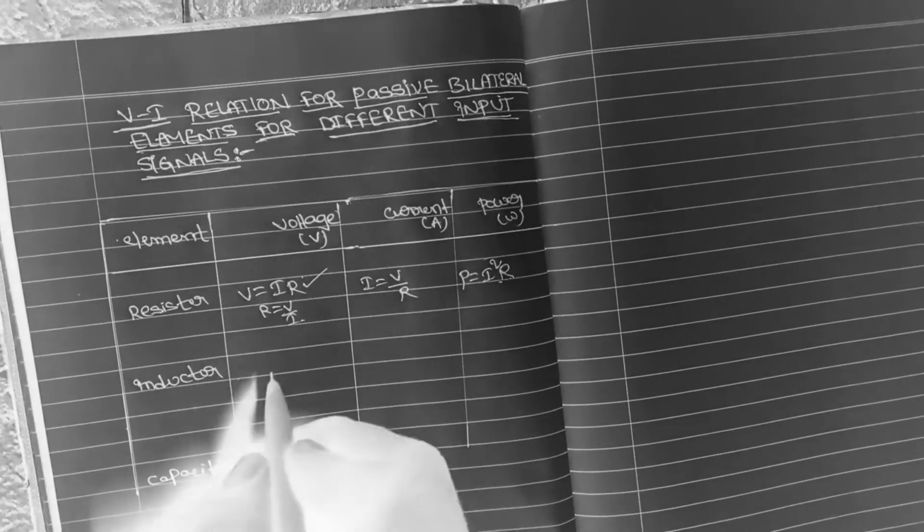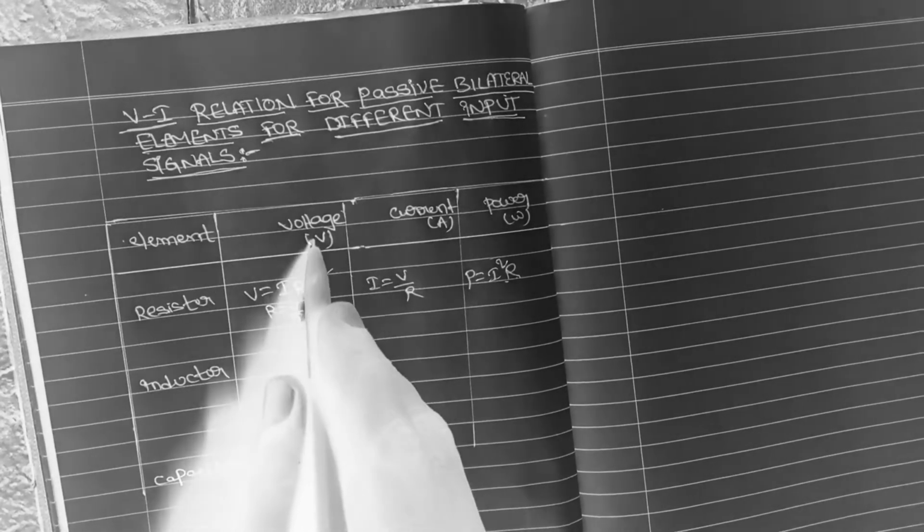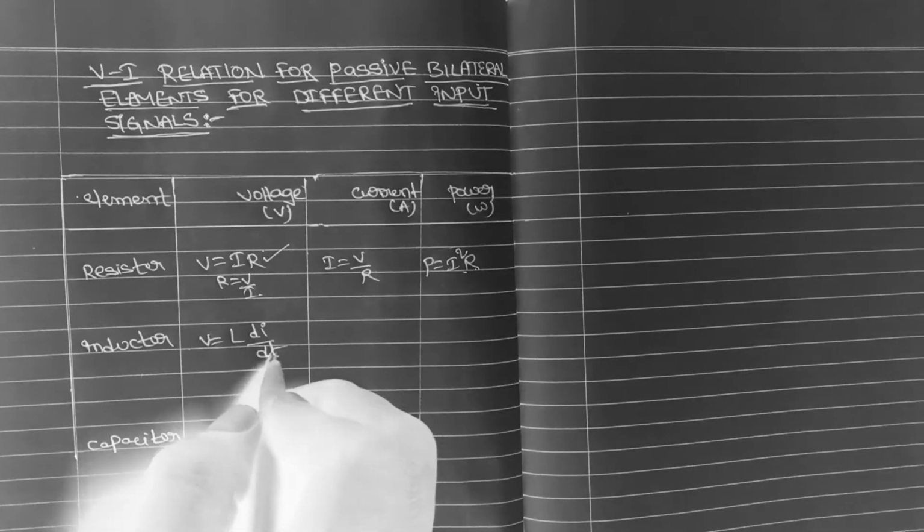Now if we go for the inductor, what is the voltage expression we get? Simply, V is equal to L into di by dt. Here di means change in current and dt means change in time.